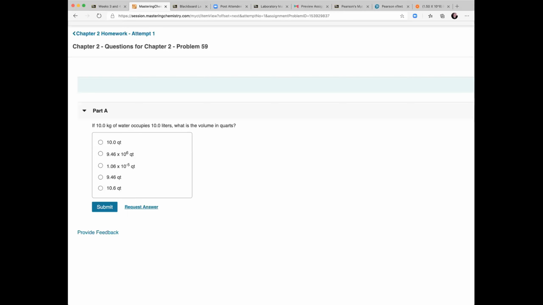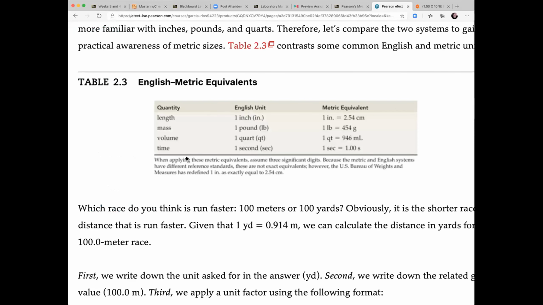Now, before we look at this problem that I have on my screen, I want to show you a table from your book that has some of the English-metric equivalents that we're going to be using. This can get a little tricky because if you use a slightly different equality, you're going to get a slightly different answer.